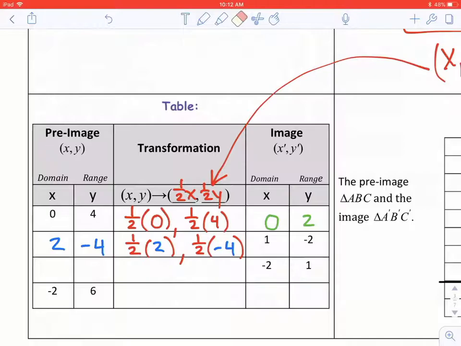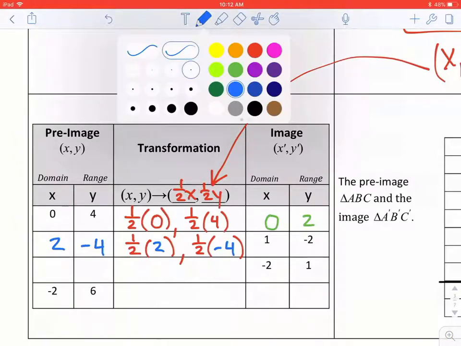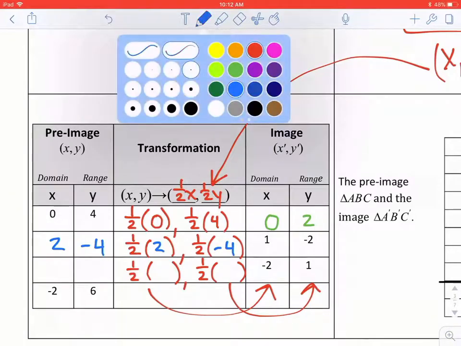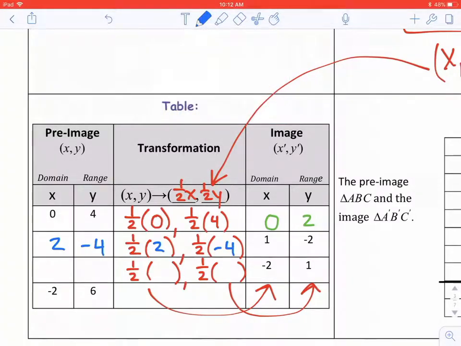So in the next set of points, we're going to have to do the same thing. Think about half of what would give us -2. And then half of what number would give us 1. So half of -4 would give us -2. And half of 2 would help us to get the 1 that was given.